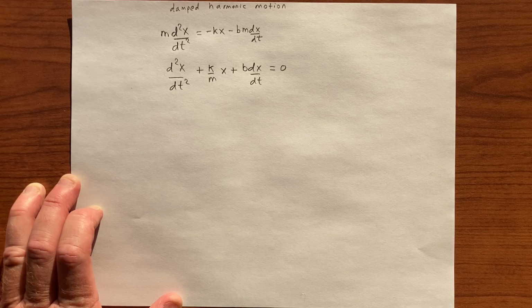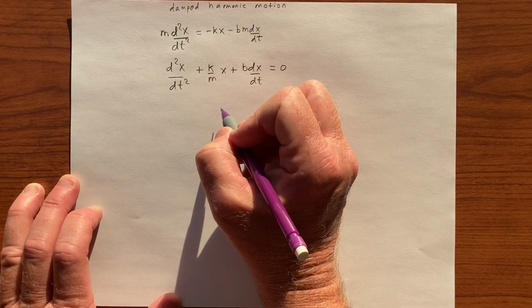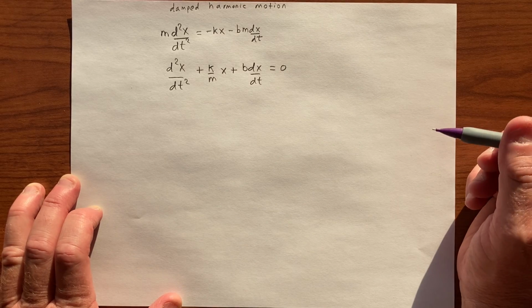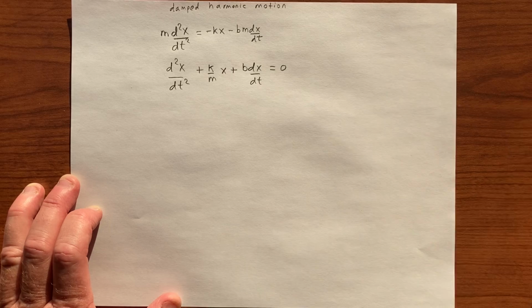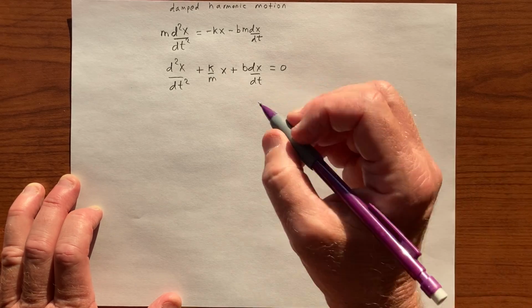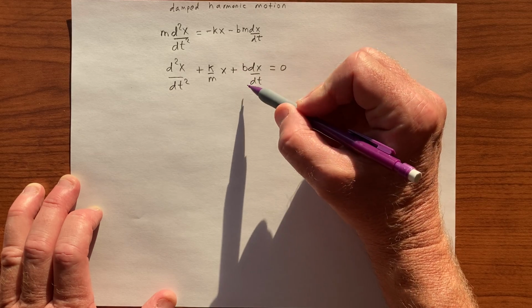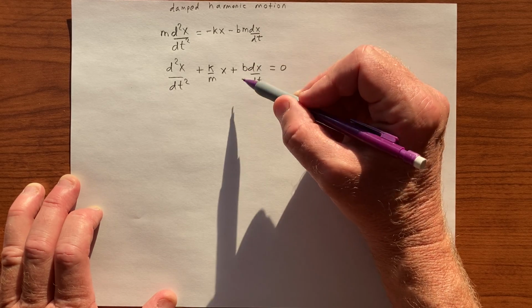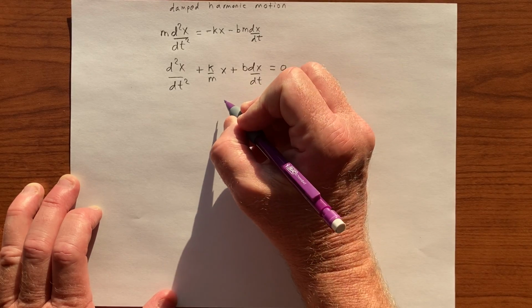And we'll motivate this for the LC circuit, but we could do the same thing here and for the pendulum, by considering that if we get rid of this term here, we know that the solution is a cosine or sine function, and we can write that as an exponential with complex numbers.